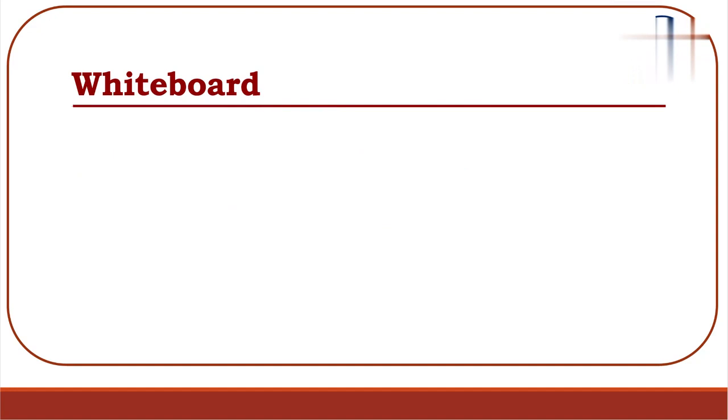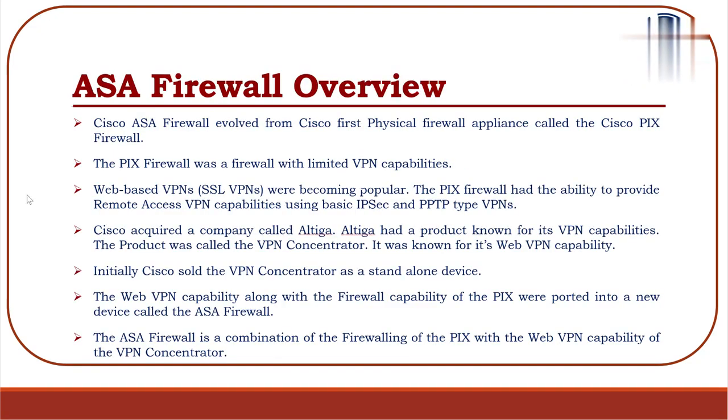So to recap, the first physical firewall was the PIX firewall. The firewall had limited VPN capabilities. The web-based VPN was not becoming popular at the time, and the PIX firewall did not have the capability of doing that. Cisco acquired another company by the name of Eltiga, and Eltiga had that device called the VPN Concentrator.